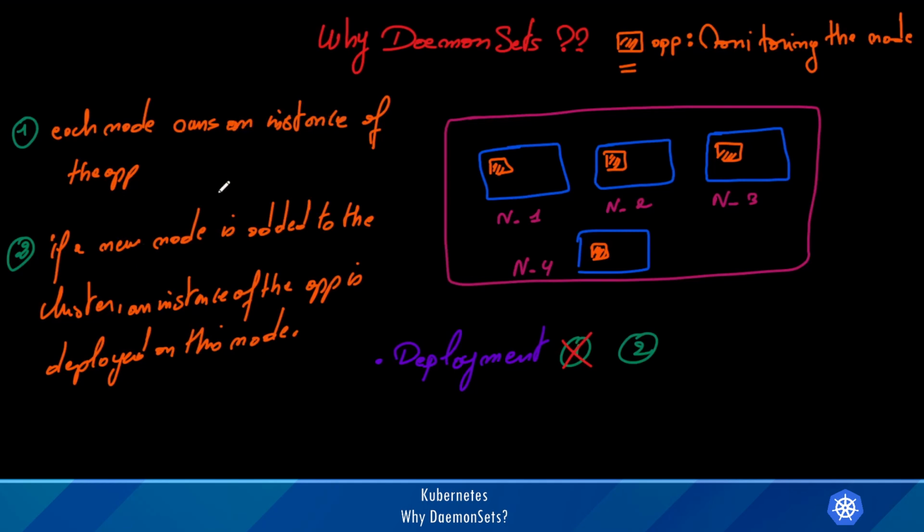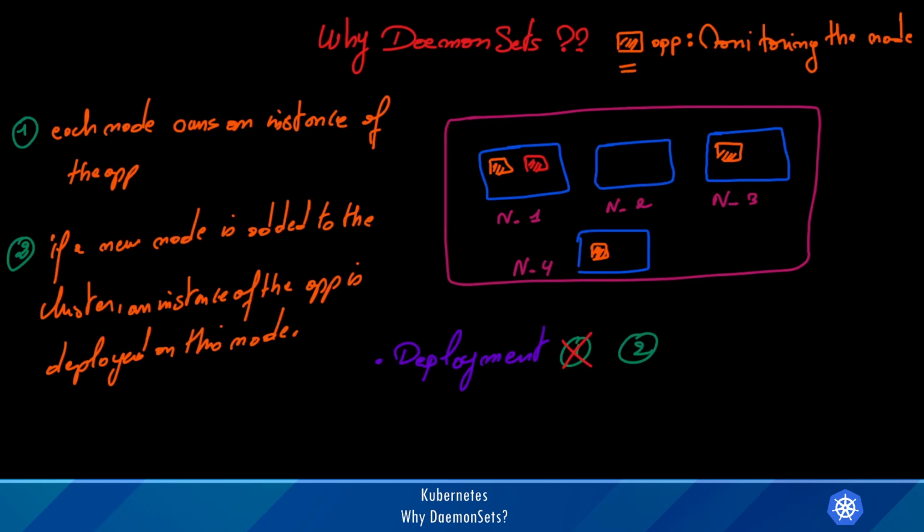For example, we can have 2 instances on the first node and no instance on the second node, because the Deployment object can't make sure that each worker node runs an instance of the app.